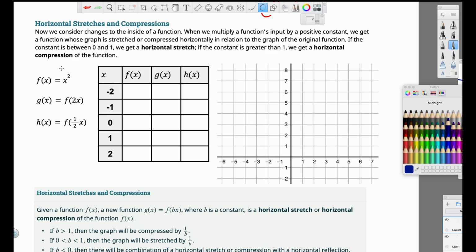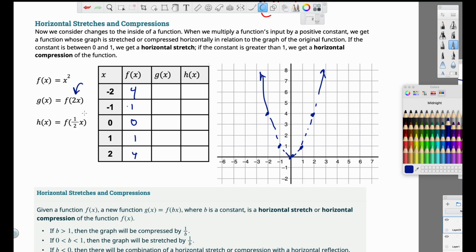We already talked about f of x equals x squared. We already know these values because we've been working with them for a while. So we've got this parabola again going through these points that we've firmly established for our x squared function, like this, okay? Now, we are going to put the constant inside of this function.